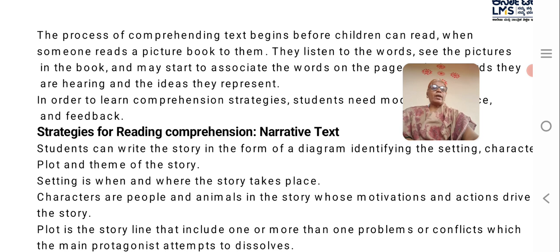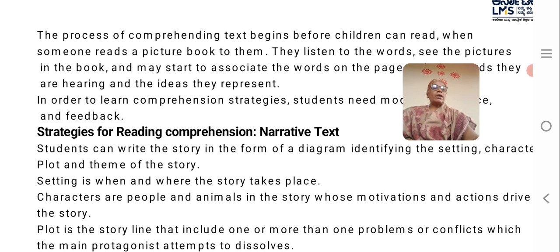So, here is one example of a narrative text and how we can apply strategies for reading comprehension. Students can understand a narrative text when they write the story in the form of a diagram and identify the setting, characterization, plot, and theme of the story.